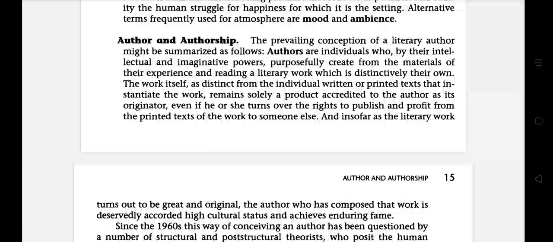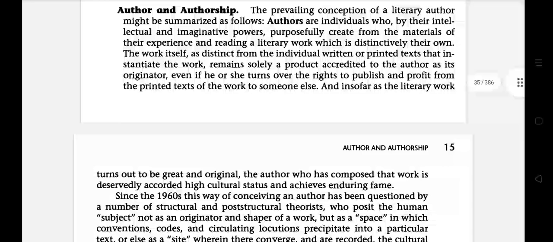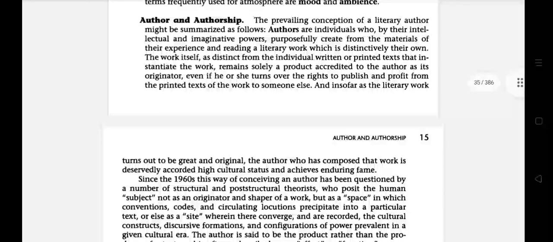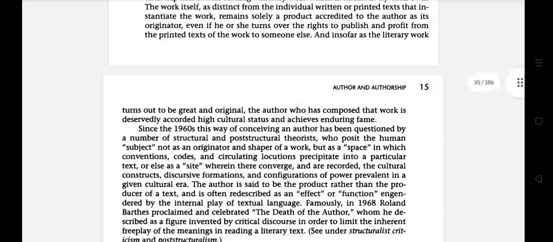The work itself, as distinct from the individual written or printed text that initiated the work, remains solely a product of the author. And insofar as the literary work turns out to be great and original, the author who has composed that work is deservedly accorded high cultural status and achieves enduring fame.